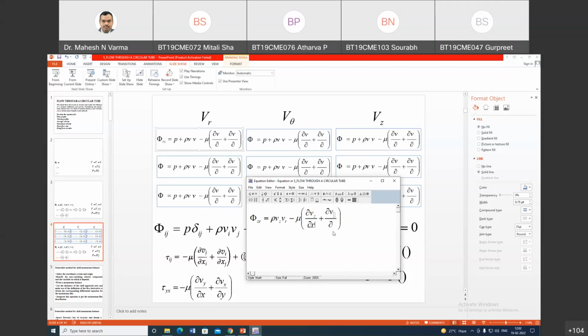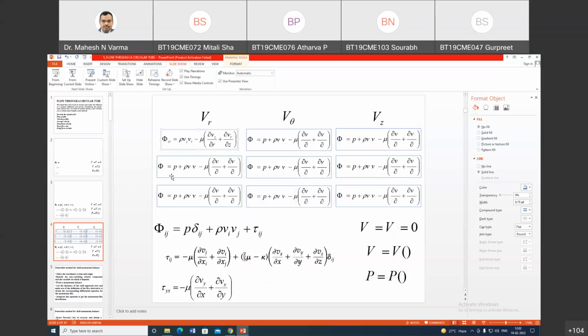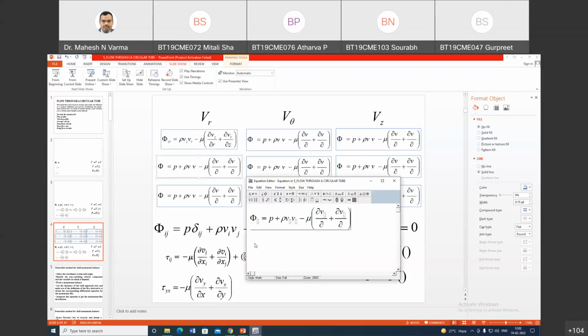Okay, then what will be the second? The second term will be del vr by del z. Very good. How about this second? Guruprit, suffix here. So del vr by del z.